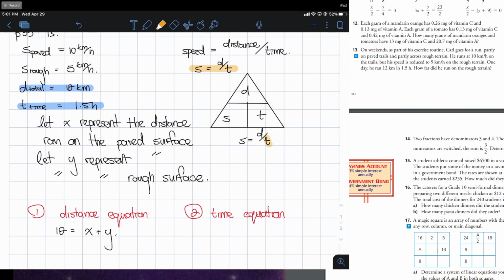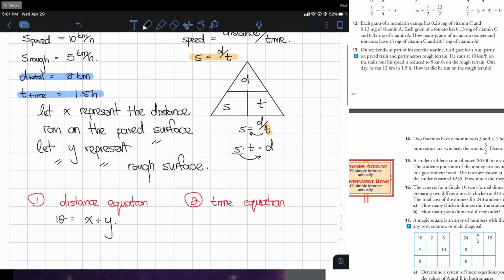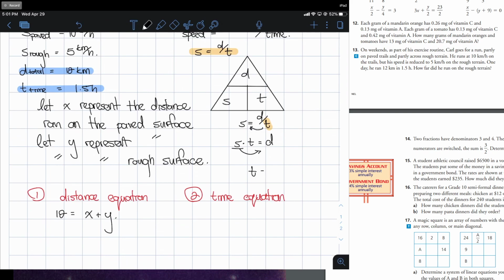So I'm going to first multiply time over to my left-hand side. So I get S, the speed, times the time is equal to the distance. And then I can take my speed and bring it over to the other side. So I divide to bring it over. So I get time is equal to the distance divided by the speed at which that distance is run.